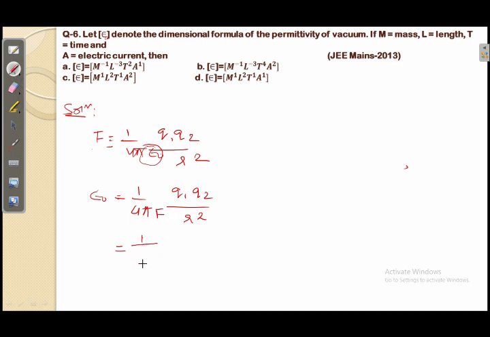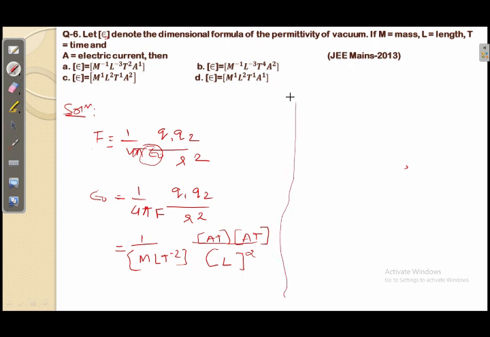F has the dimension M L T to the power minus 2, and Q1 and Q2 are there, both having the same dimension of charge, that is A T. Q1 is nothing but A T, and Q2 is also the same A T dimension formula, and R is nothing but the distance, so that is L whole to the power 2.